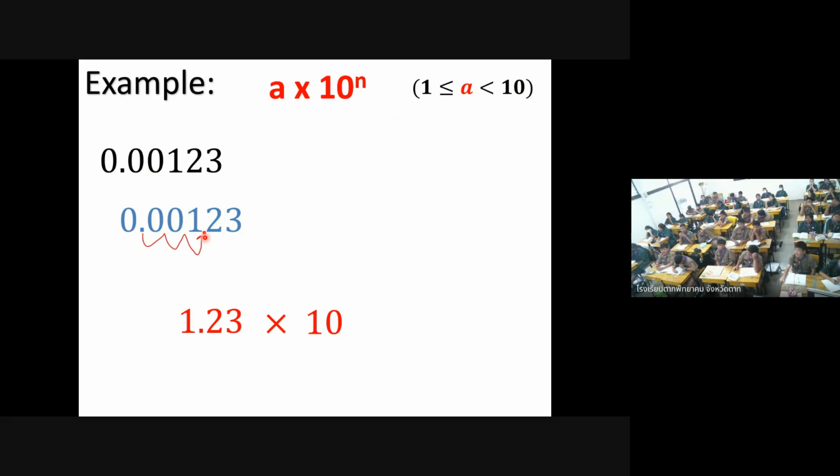Negative. How many times did you move? 1, 2, 3. What's the answer? 1.23 times 10 to the power of negative 3. One more.